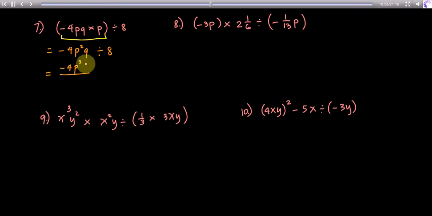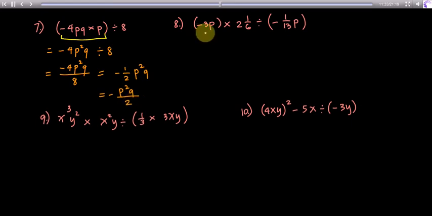You can have this p squared q over 8, and negative 4 divided by 8 is actually negative 1/2. So meaning we can have negative 1 over 2 p squared q, or we can write it as negative p squared q all over 2. Okay, let's proceed to number 8.